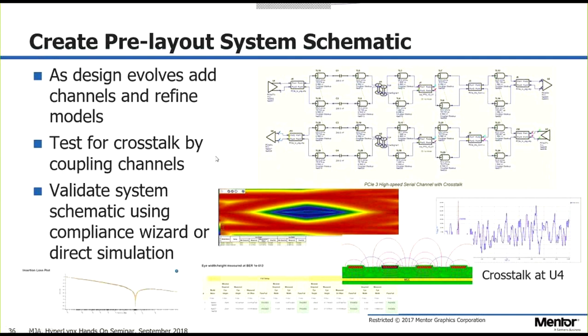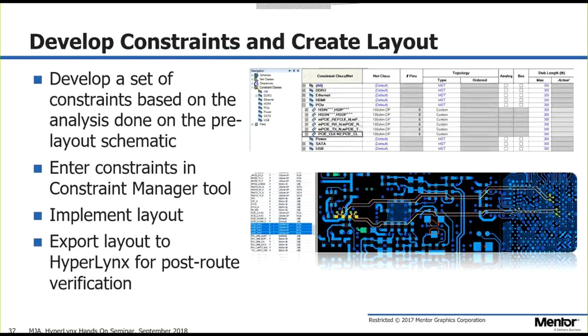Okay, so then we make this pre-layout system schematic larger, adding in other traces, seeing what sort of crosstalk might be acceptable, and work with those type of parameters. And then from there, we're going to define our constraints for layout. So someone's got to go actually route this out.